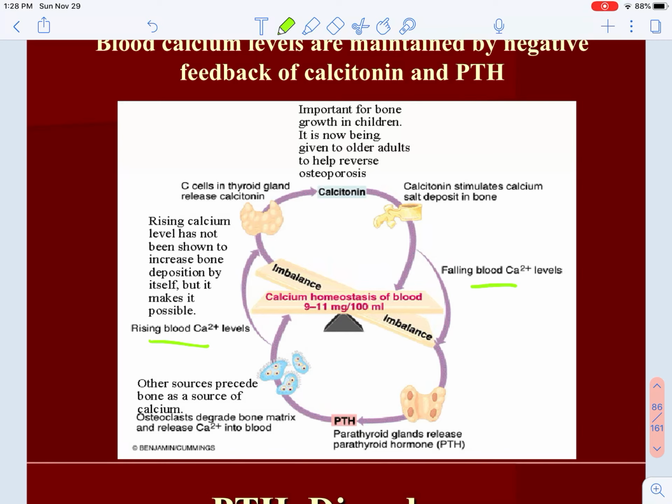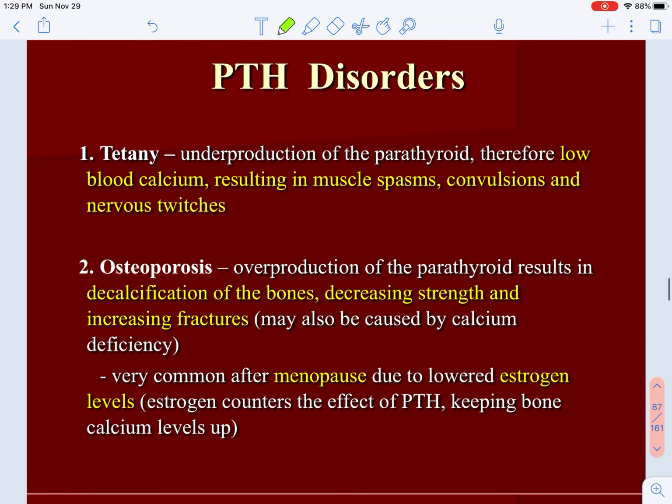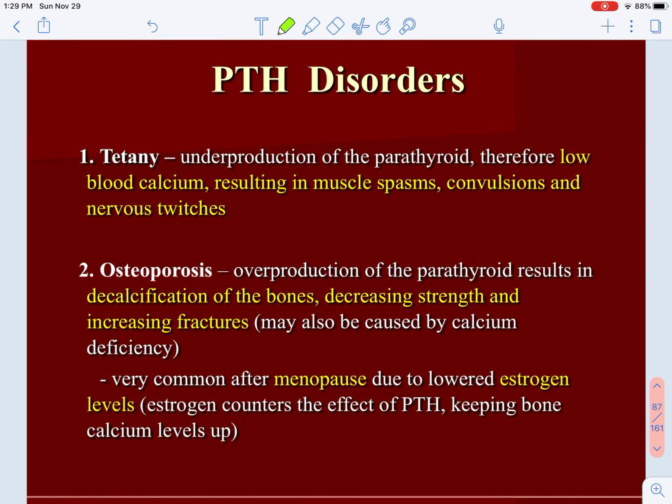If calcium levels are too high, we will have our calcitonin released to store it in the bone, and that keeps it in homeostasis.